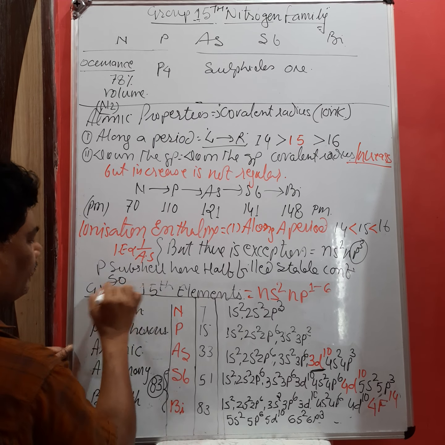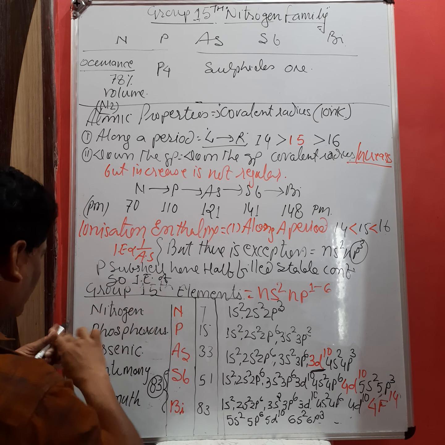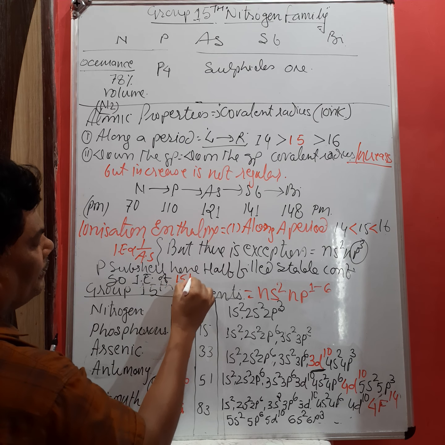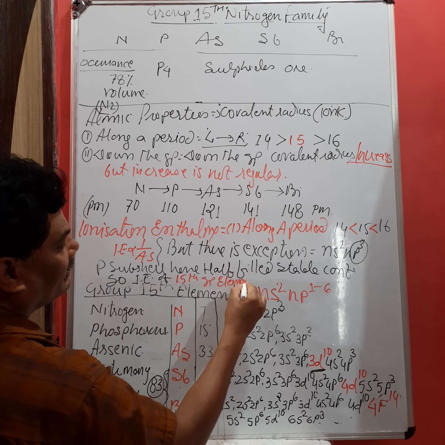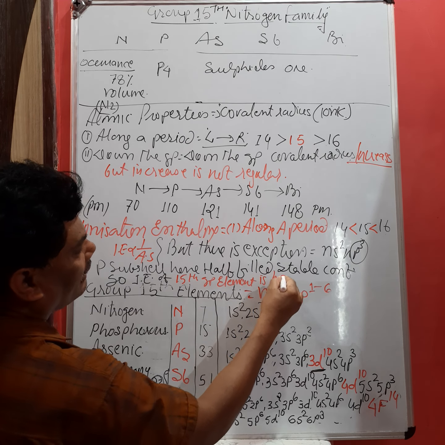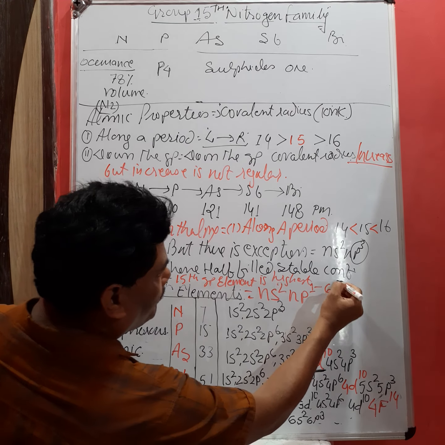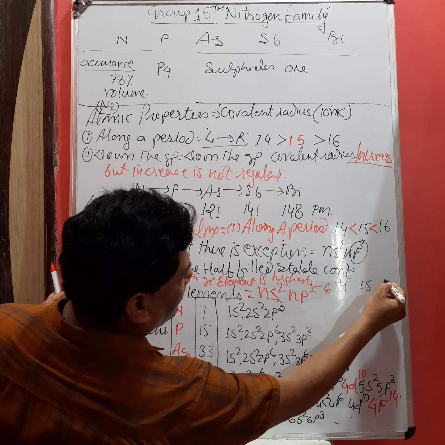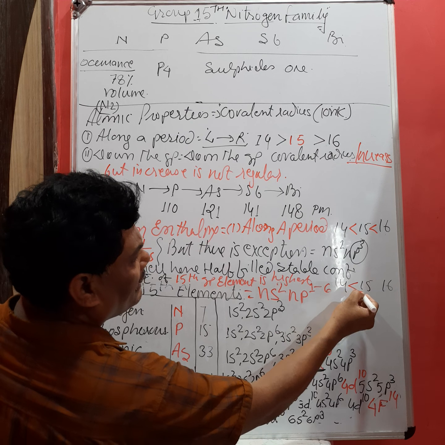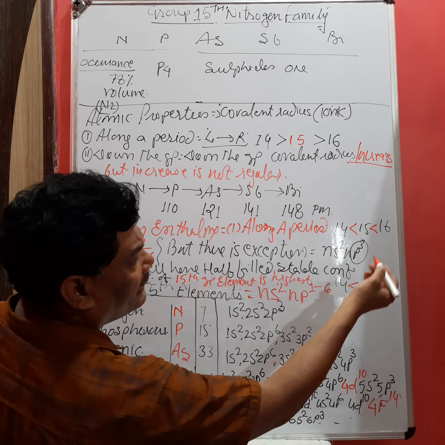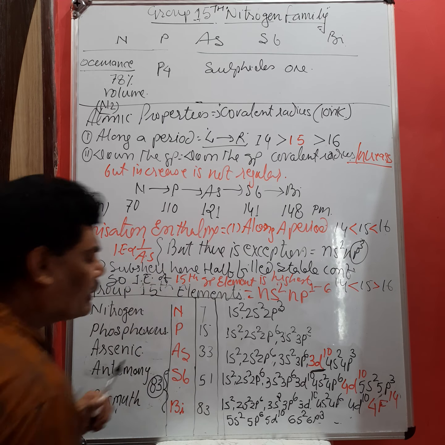So the ionization enthalpy of the 15th group element is highest. Now, how is it highest? The order becomes 14th group, 15th group and 16th group. So, due to the half filled configuration, now the ionization enthalpy of the 15th group is more than the 14th group and even more than the 16th group. This is due to the exceptional configuration.